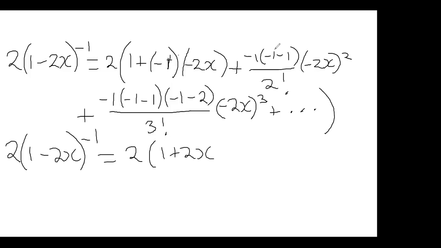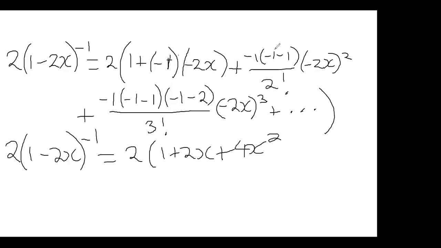So 2, then 1 plus 2x, and then on the other one, negative times negative we get positive, so it will be again positive. What are we supposed to get there? 4x, yeah, so we get positive 4x squared.